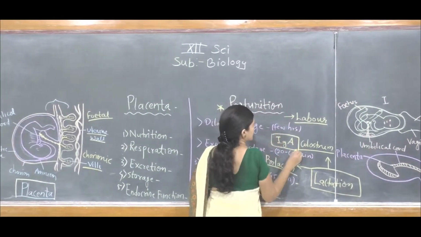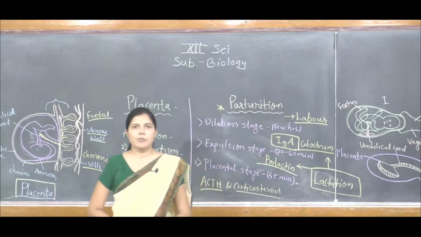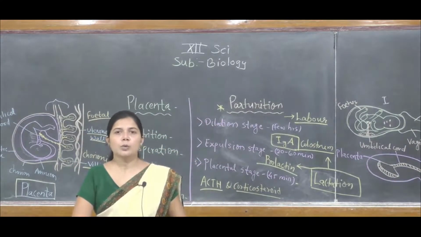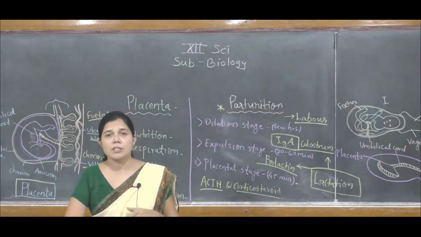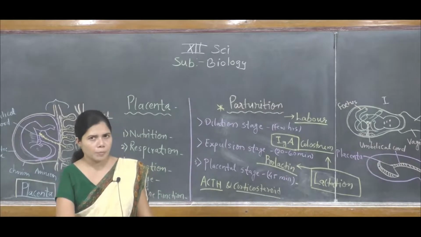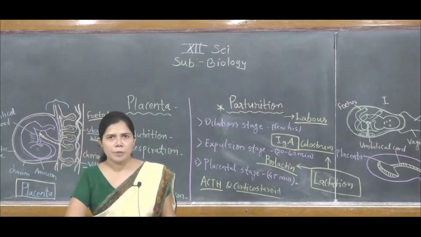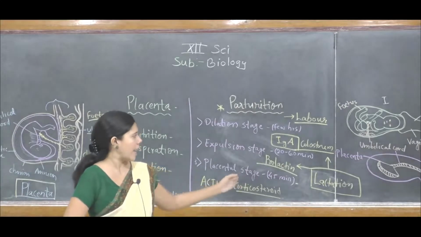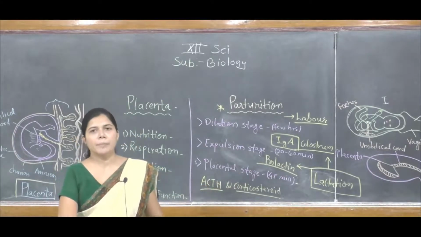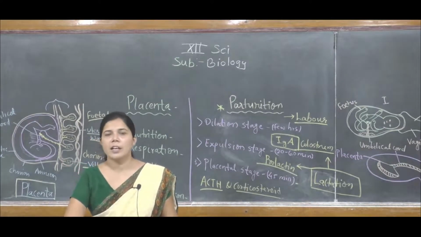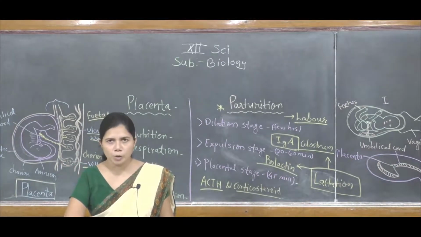And this mother's antibody helps the newborn baby's immunity, which increases the resistance power of the newborn baby, because the newborn baby has low immunity, and the IgA antibody helps to increase the resistance power of the newborn baby.